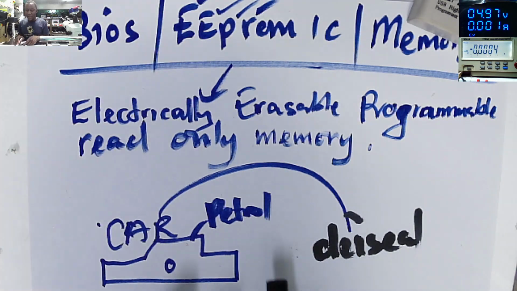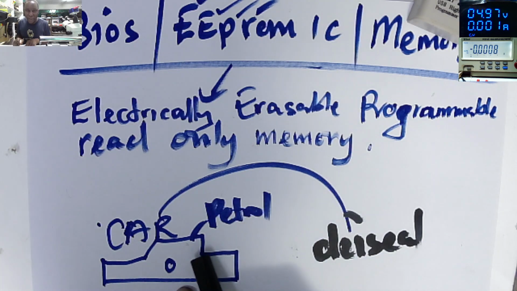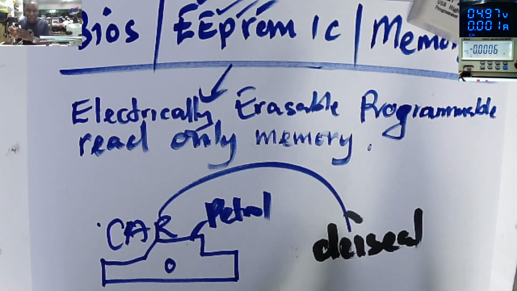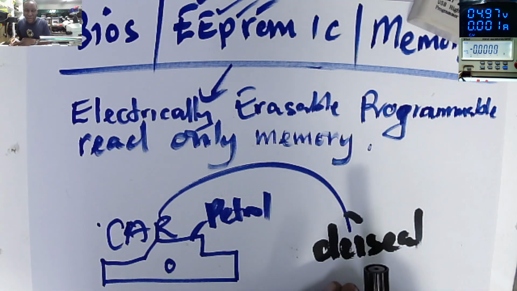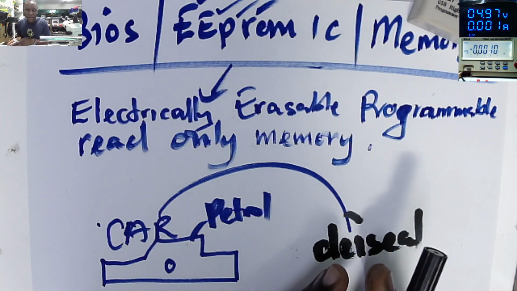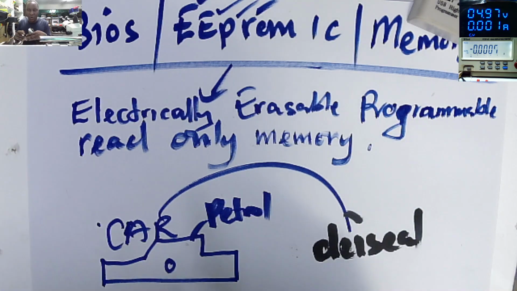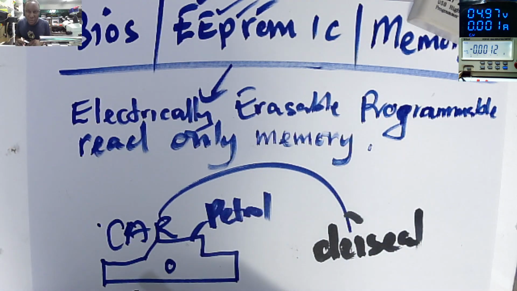But if the fuel attendant pours diesel instead of petrol, you go to the specialist, and the specialist will try by all means to clean up the engine using the required resources, and in that way you can go back and pour petrol and start moving on with your car.